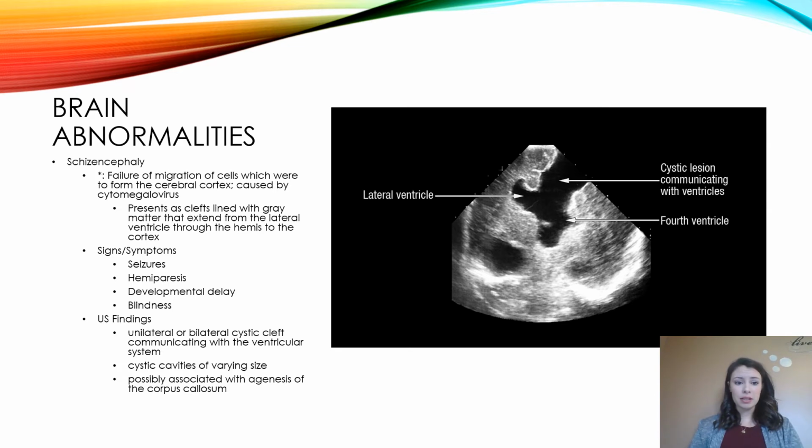Some clinical signs and symptoms are seizures, hemiparesis, developmental delay, and blindness. On ultrasound, we'll see unilateral or bilateral cystic cleft communication with the ventricular system, cystic cavities of varying sizes, and possibly associated with agenesis of the corpus callosum.